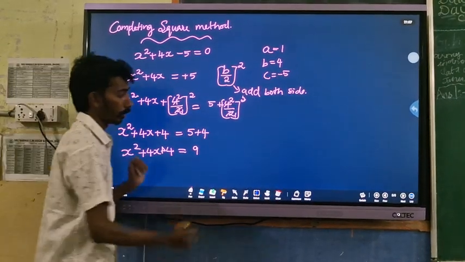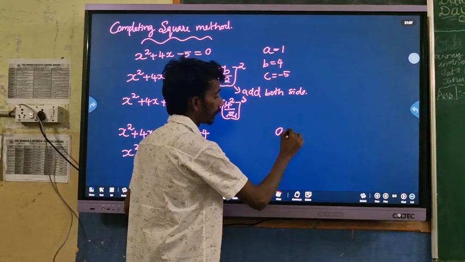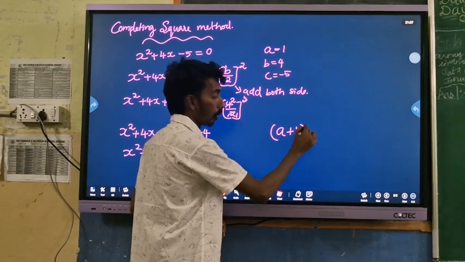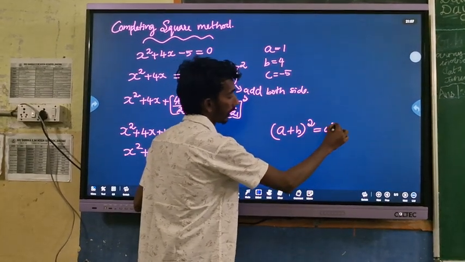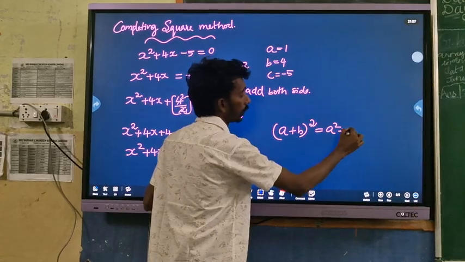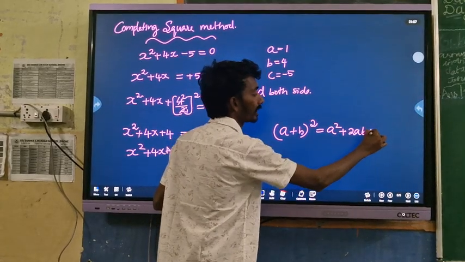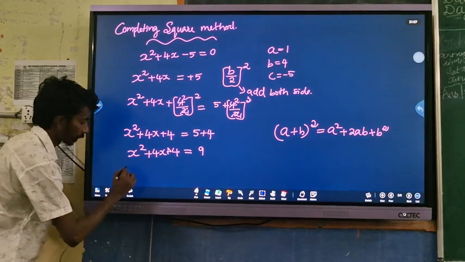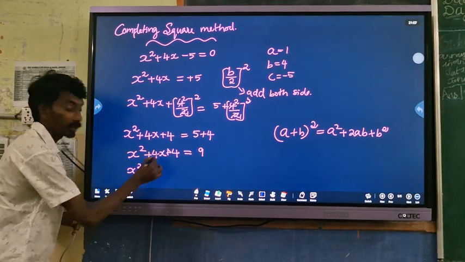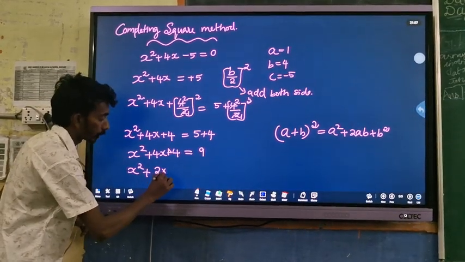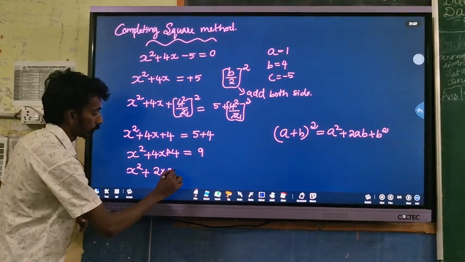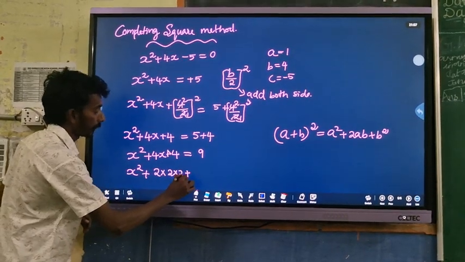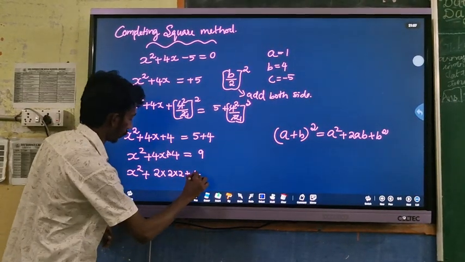Now we already know the identity (a plus b) whole square is equal to a square plus 2ab plus b square. So here, x square plus this 4x we can write as 2 into x into 2, plus this 4 we can write as 2 square.